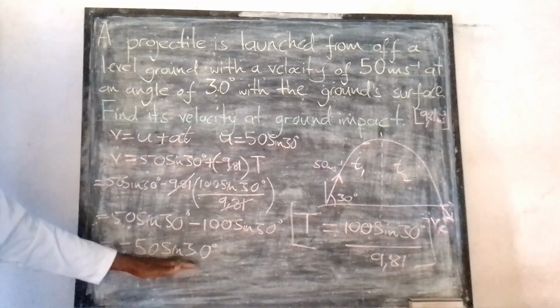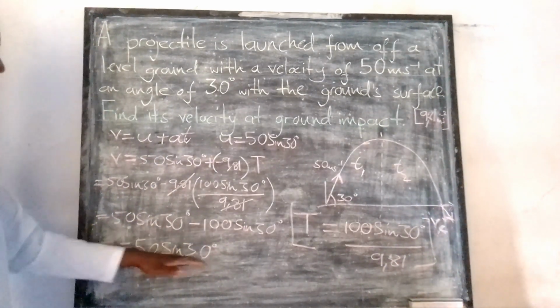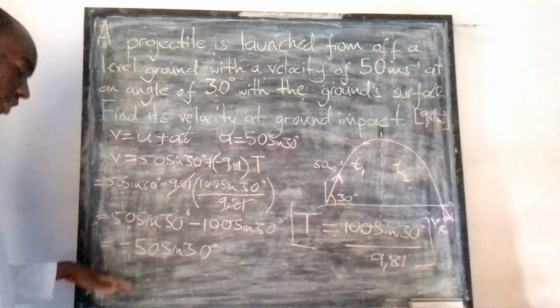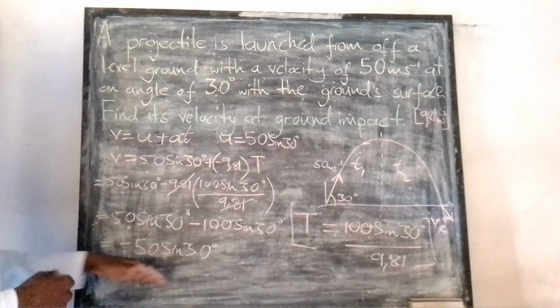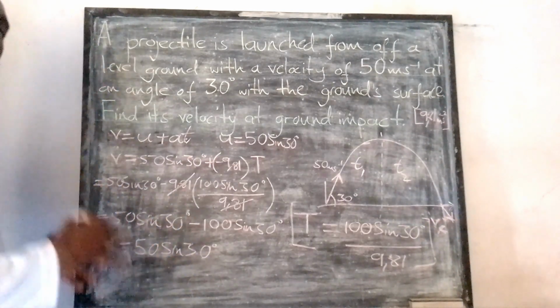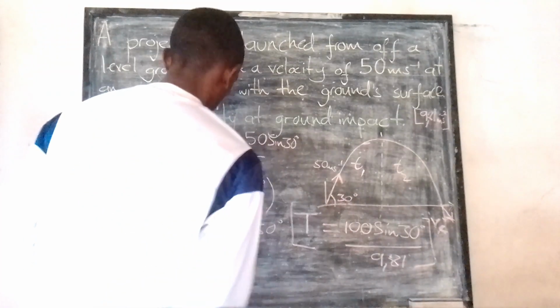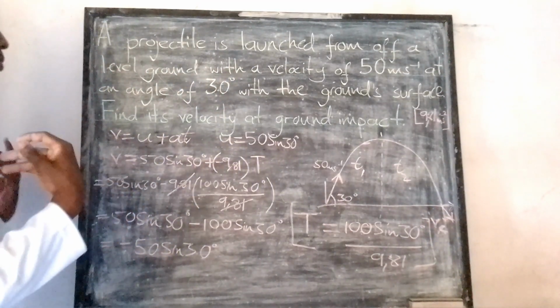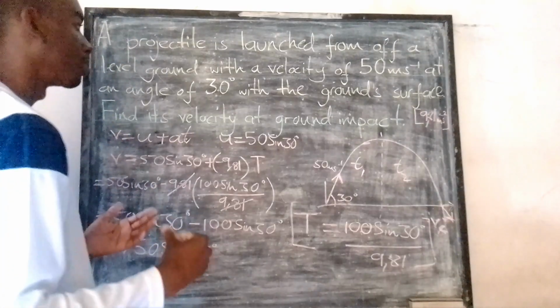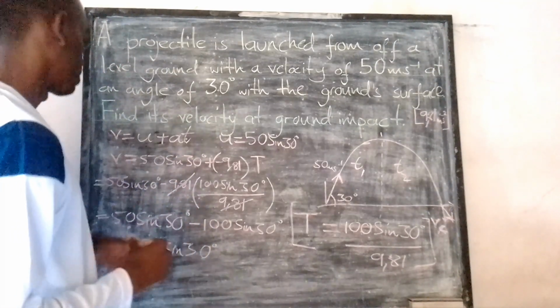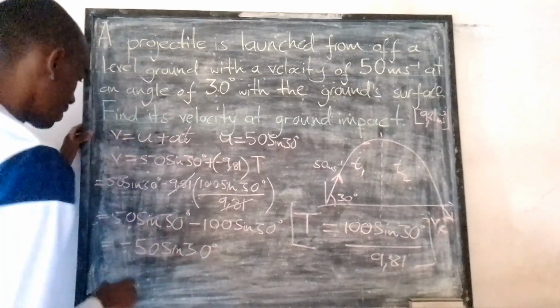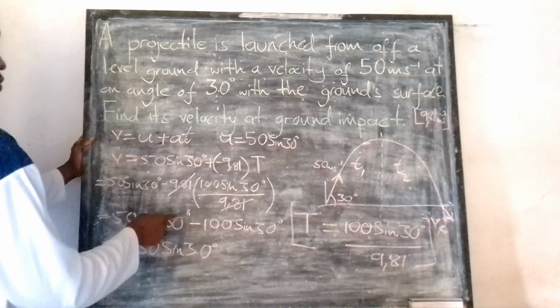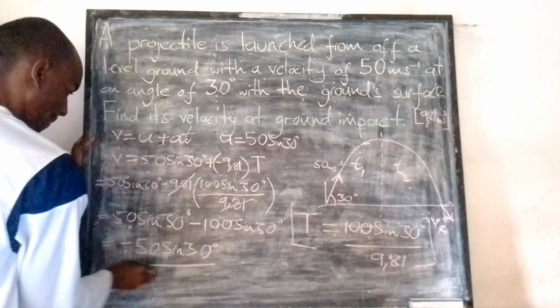So this is our final vertical component of the velocity. You can go ahead and punch this on the calculator if you will, but the reason I'm not punching this or this on the calculator is so that I try to maintain the accuracy as much as possible up to this final point. So this is our final vertical component of the velocity.